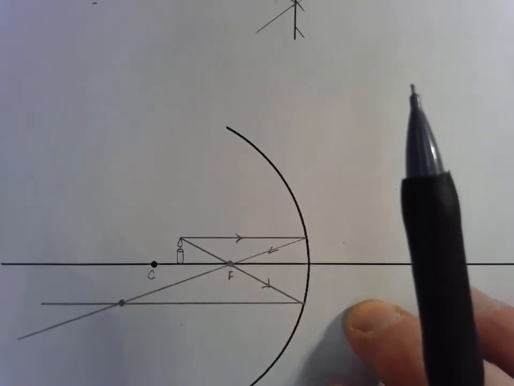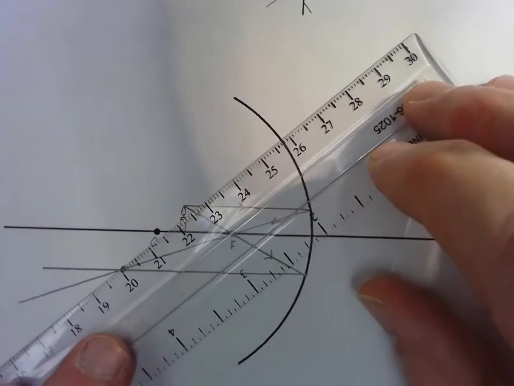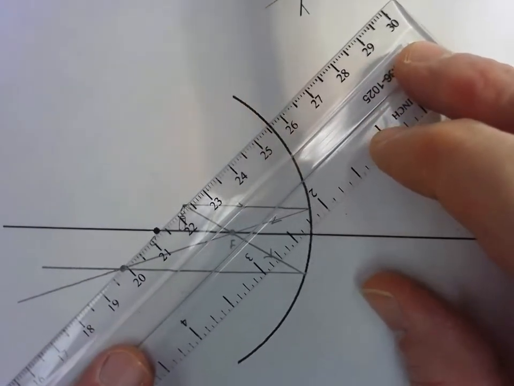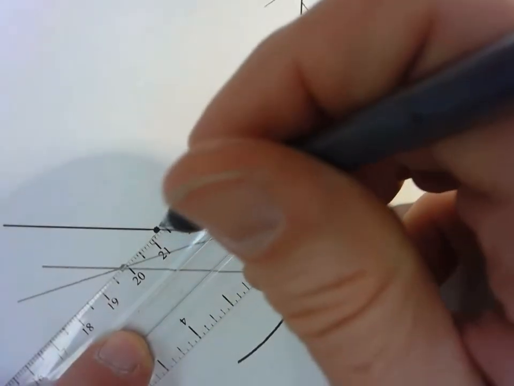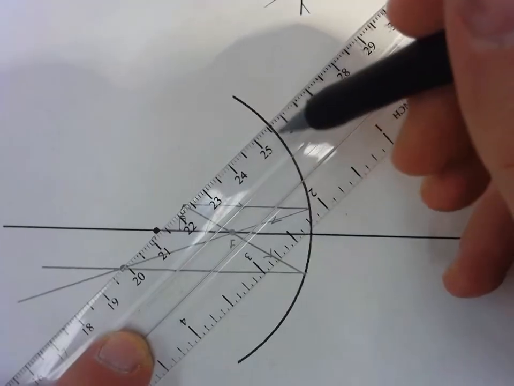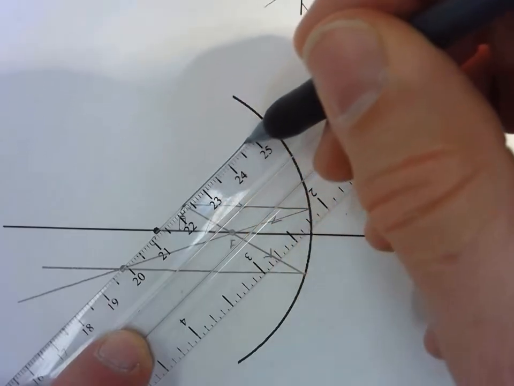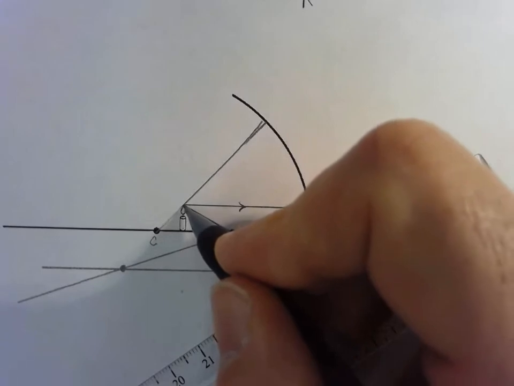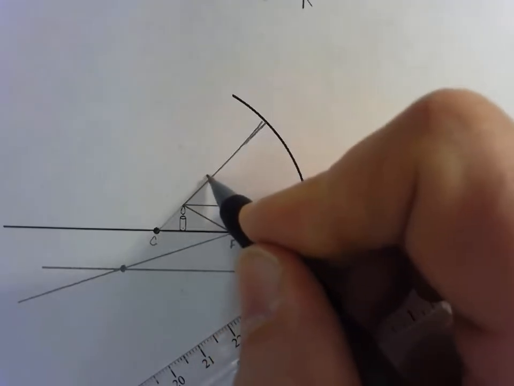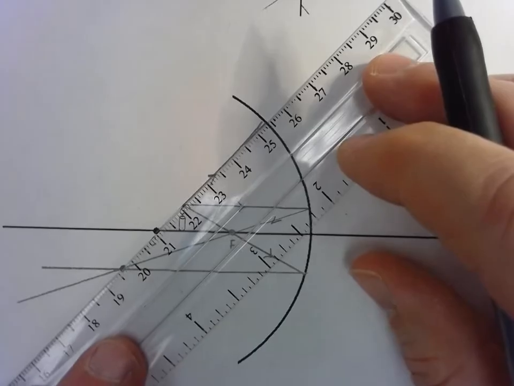Now let's try finding the one using the center. So anything that goes through the center is going to reflect right back, because the center automatically creates a 90-degree angle to the mirror. So if I start at the center, and something that starts at the tip of the candle here, that's coming from the direction of the center, we know is going to reflect right back in the same direction.